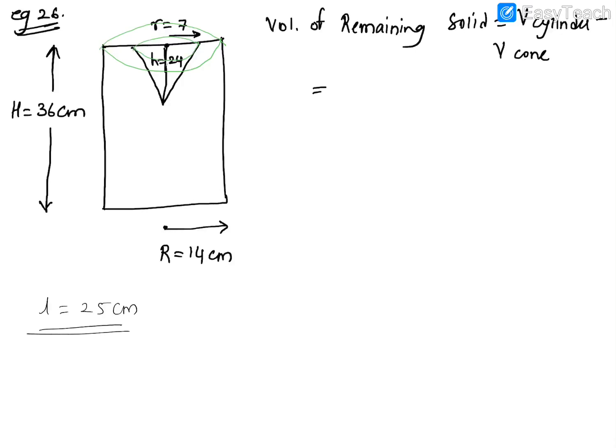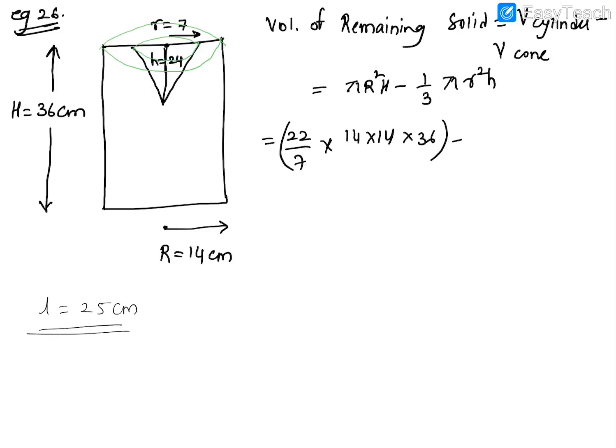What's the volume of the cylinder? So pi r squared h minus 1/3 pi r squared h. Out here we can take pi as 22 upon 7, and your radii are also multiples of 7, so don't worry, it will get cancelled. 22 upon 7 into 14 squared into 36 minus 1/3 pi r squared, which is what? 7 squared into 24.